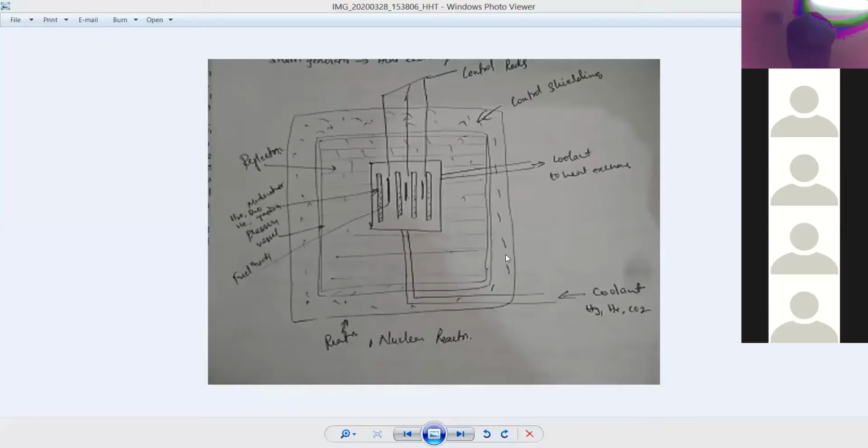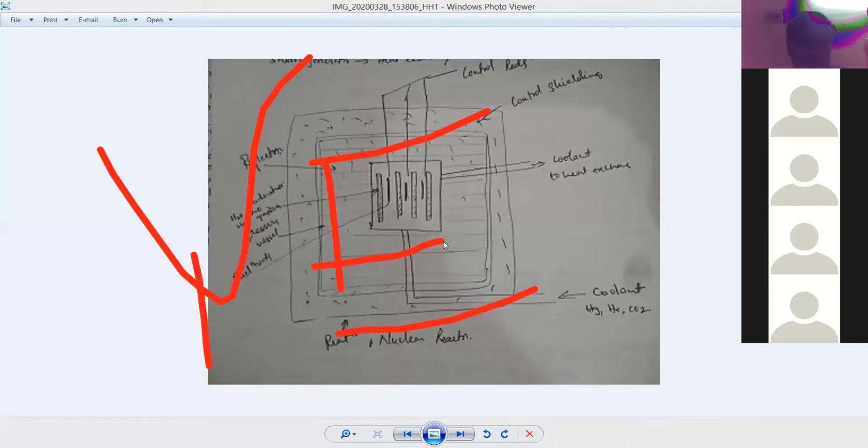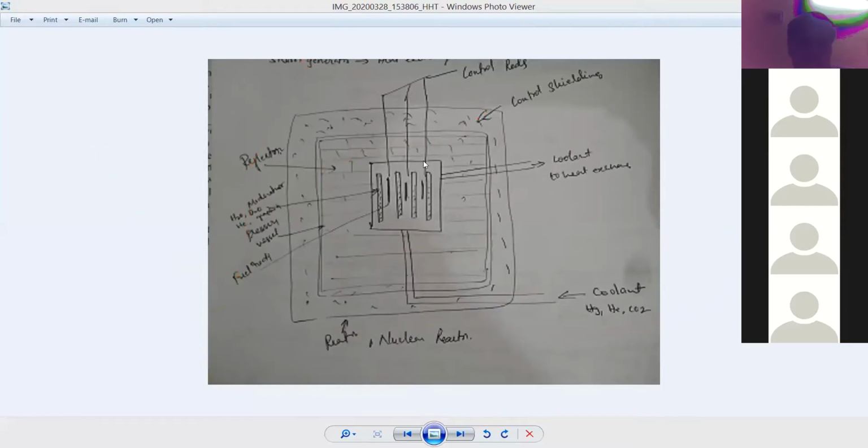Okay, 1 minute. Now? Yes, sir, now you can see. Okay, now it came. Don't write on the screen. Somebody is writing. Why are you people doing like that? Just don't write. Now it is visible.